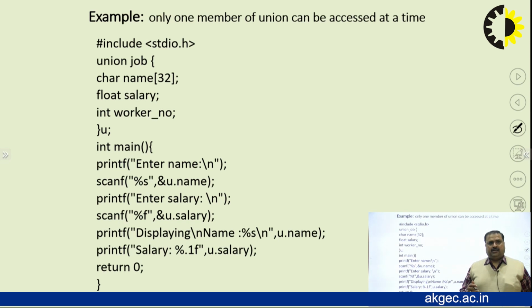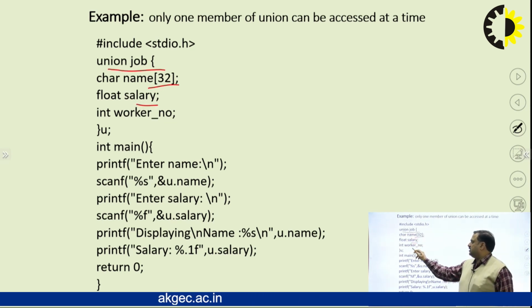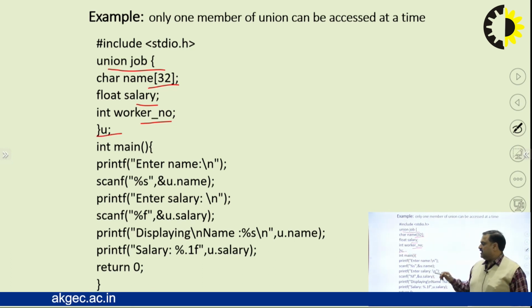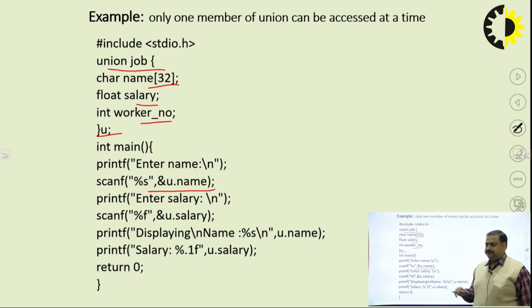Now let us understand how it is happening. Only one member of a union can be accessed at a time. In this example we have created one union job with name, salary and worker number, the same example. We have created a variable u, entered a name and stored it in u.name, then entered the salary in u.salary, and now we are displaying the name and salary.